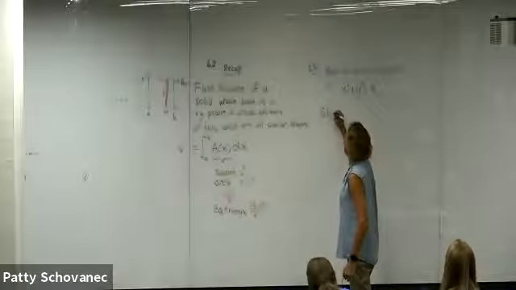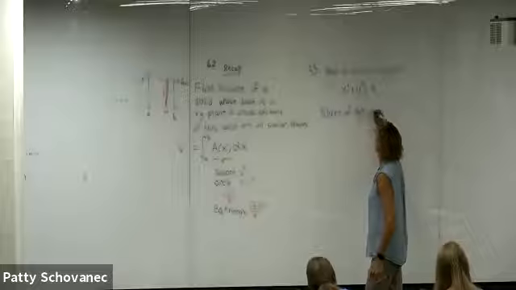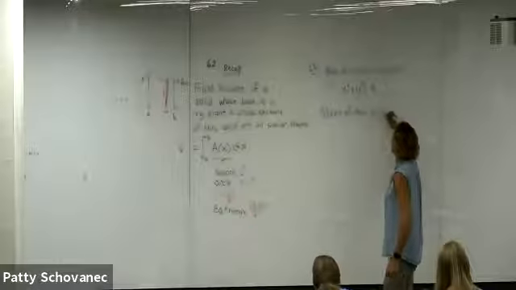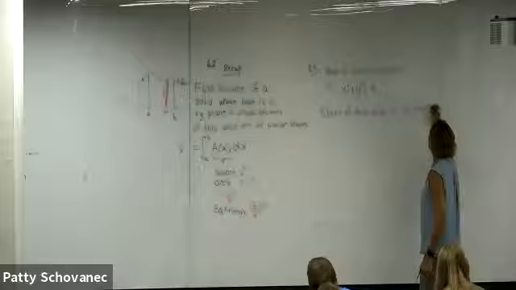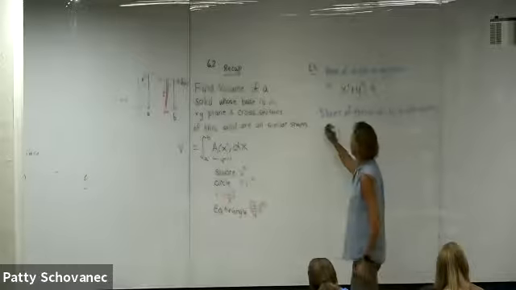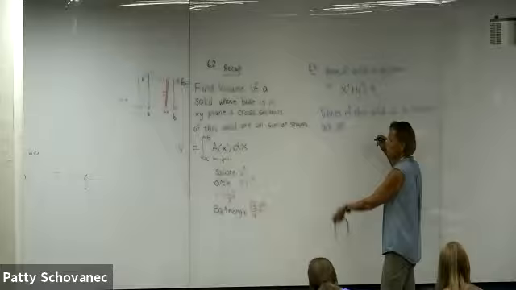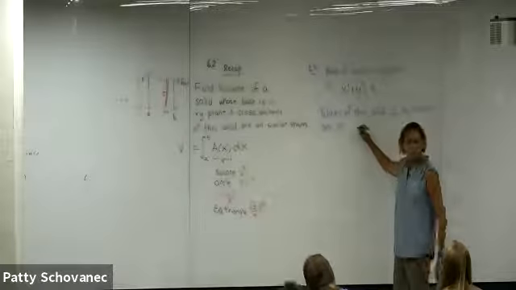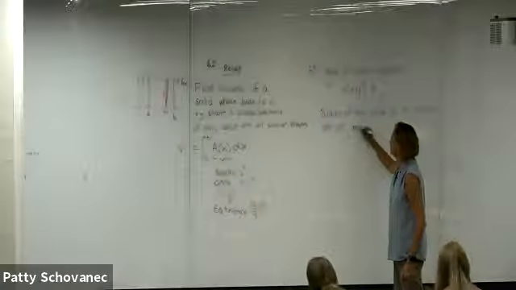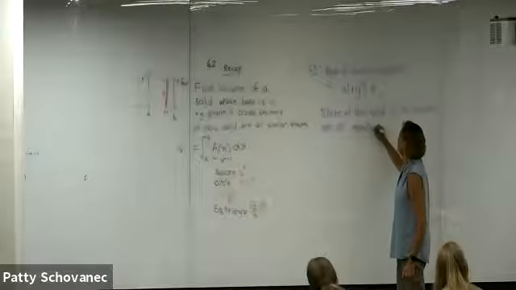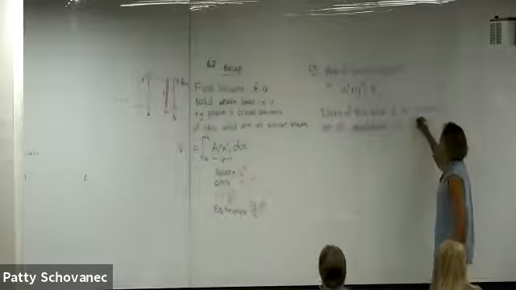Slices of this solid perpendicular to the x-axis are all... does it matter to you which one we do? No. Okay, so let's say they're all equilateral triangles. Find the volume of this solid.